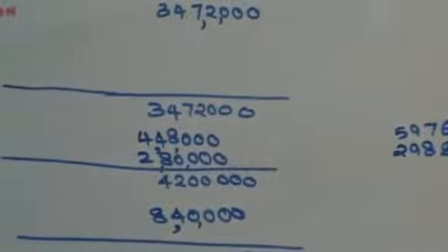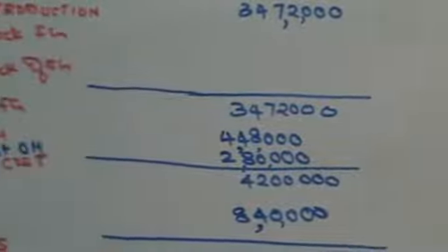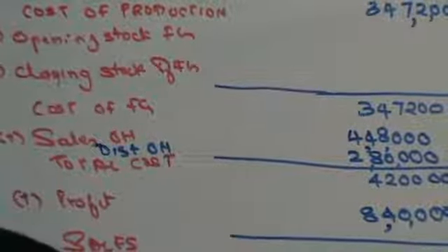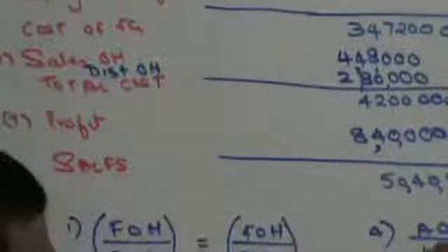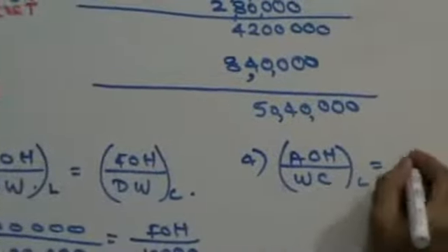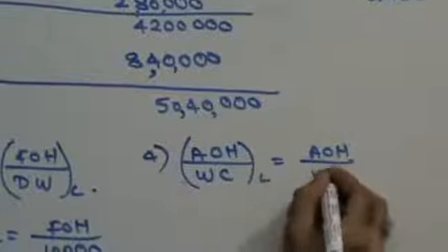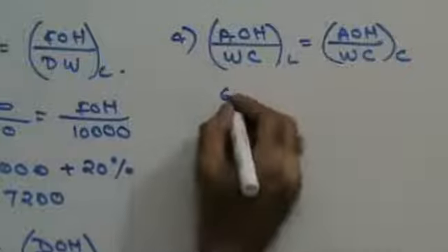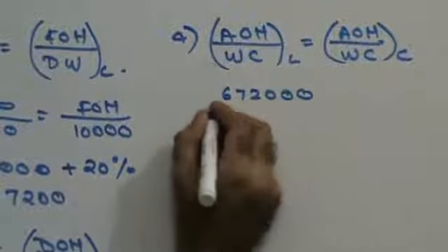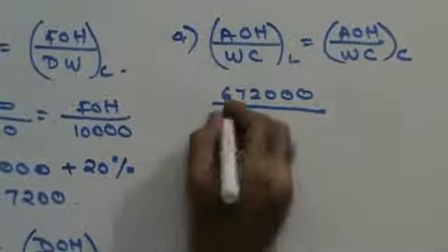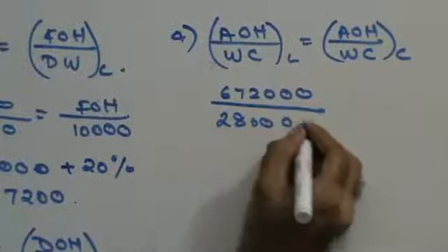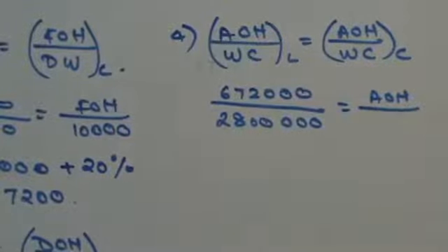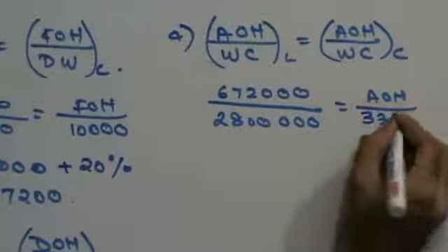They also said that administrative overheads have gone up. So administrative overheads upon work cost of last year is administrative overheads upon work cost of current year. Administrative overheads is 6,72,000 upon work cost 28 lakhs is administrative overheads upon work cost 33,200.